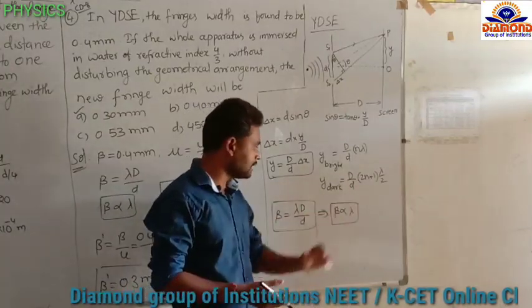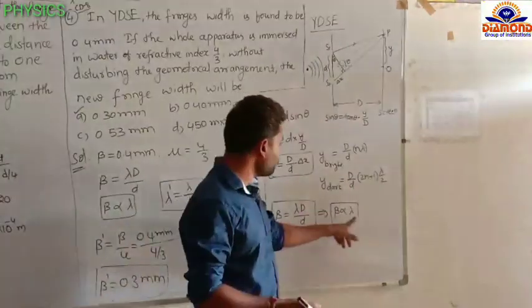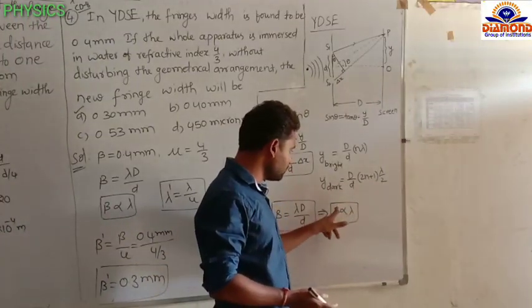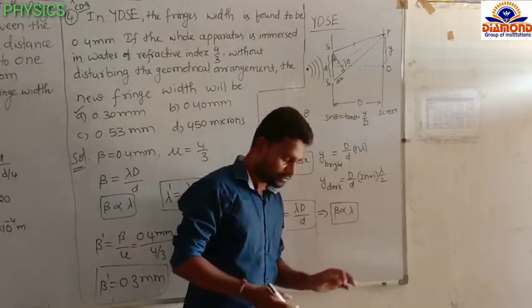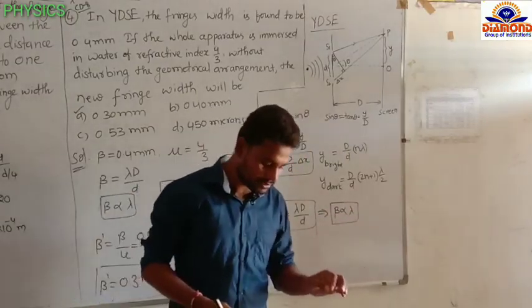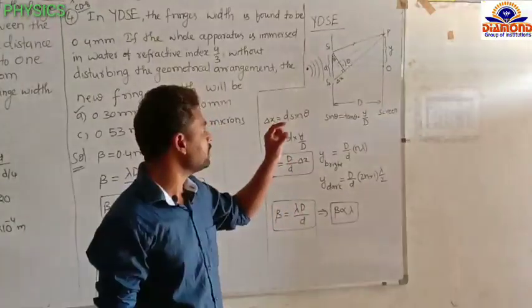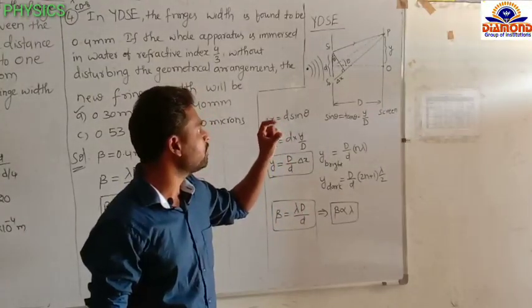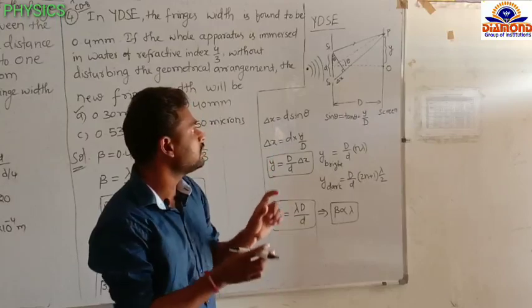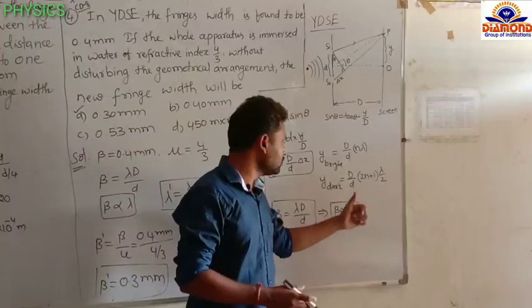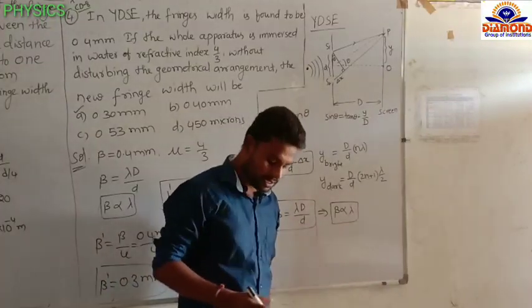So if the wavelength increases, the fringe width also increases. If the wavelength decreases, the fringe width also decreases. That means if the wavelength of the light is very small, the fringe width is very small, the fringes will overlap, and we cannot distinguish the bright fringes and dark fringes. That's why we need a larger wavelength of light.